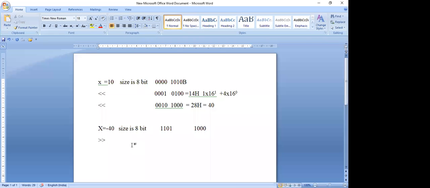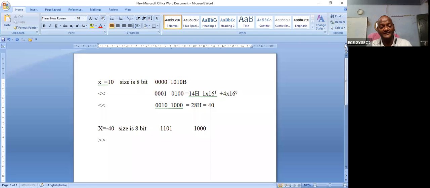Do not change. This is the right shift or left shift? In the right shift, what happens? Right shift means the sign should not be changed. So what is the MSB value? 1. So that's why it is a 1. Then the 1 moves to this position, and 1 is converted to 0, and again 0 comes to this position.